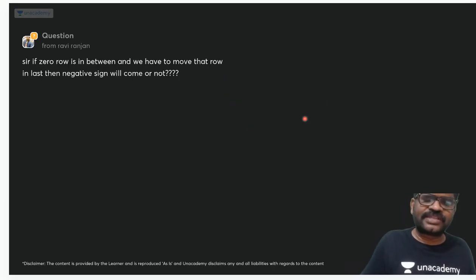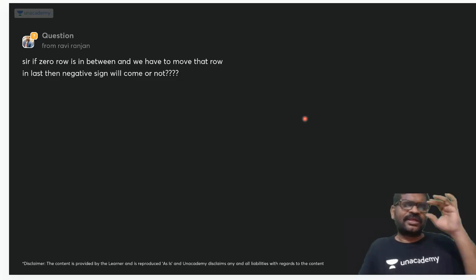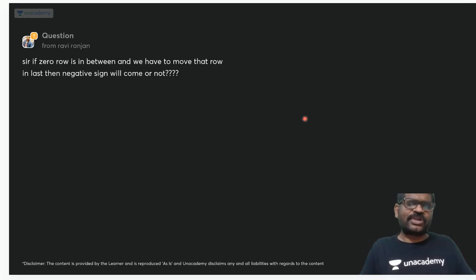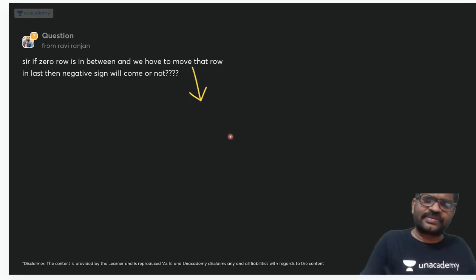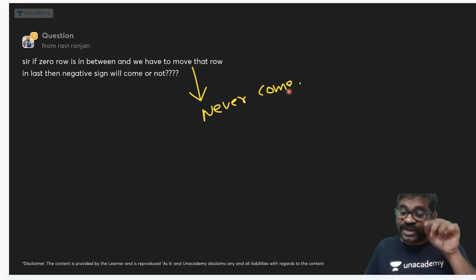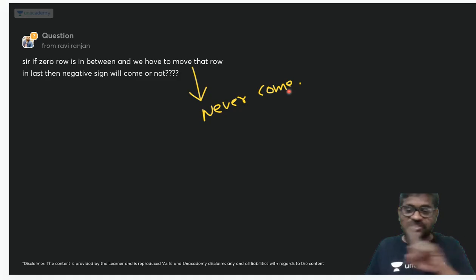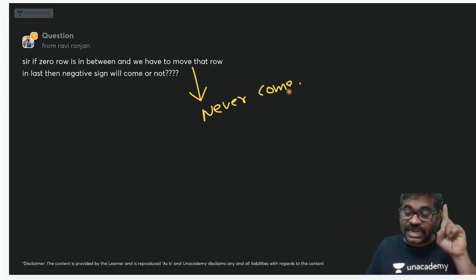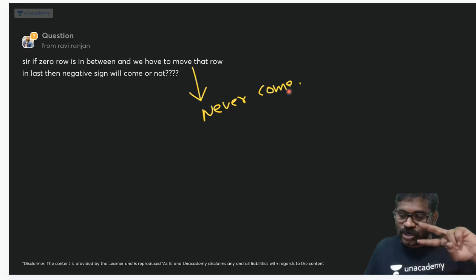Sir, if there is a zero row in between, then a negative sign will come out. Never. Ravi Ranjan, while finding rank, if you interchange two rows, you should not change the sign. In determinant, whenever two rows are interchanged, you have to multiply with -1.